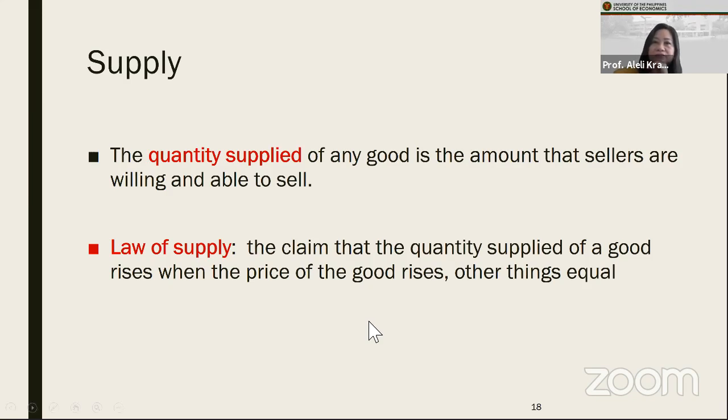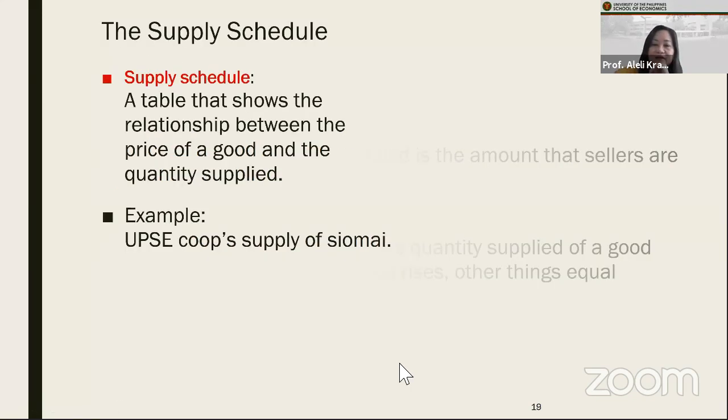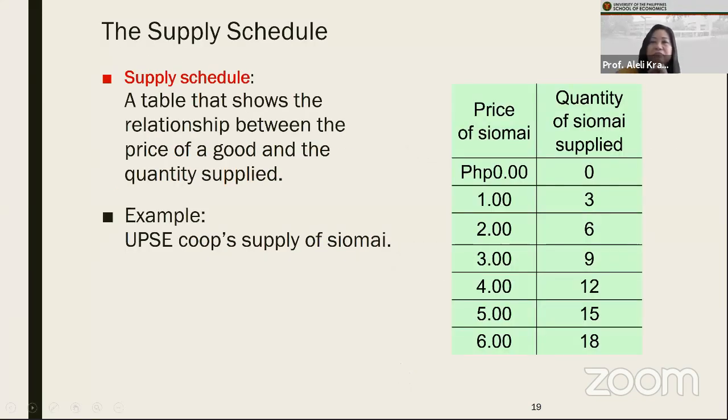Similar to the case of demand, supply can be represented by a supply schedule. Again, this is a table that shows the relationship between the price of the good and the quantity supplied. Suppose that we have one supplier, the UPSE Co-op. Let's imagine that it's now an online supplier of siomai.